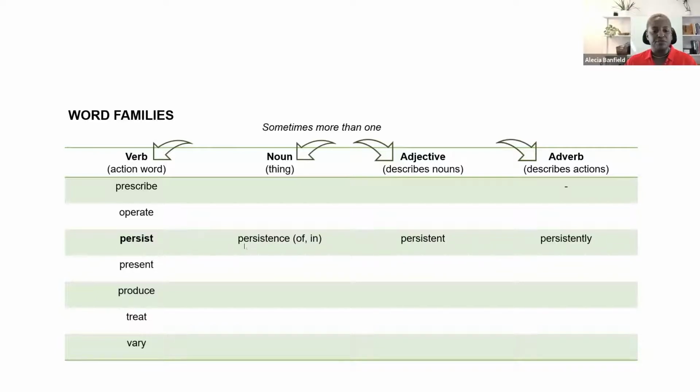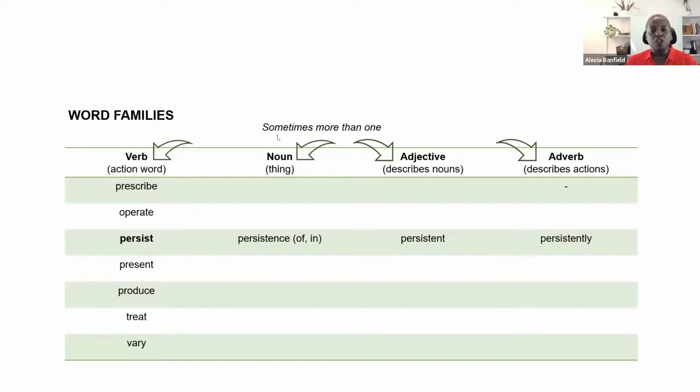So persist is the verb, persistence, and it's usually followed by of. So persistence of or persistence in. The adjective is persistent, so that would describe something. And persistently would describe an action, how something is done or how something happens.